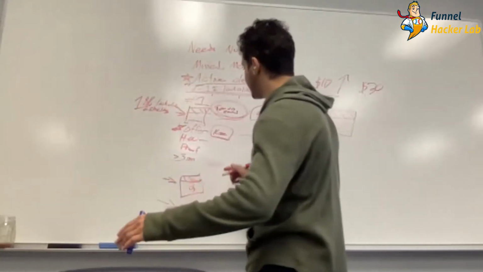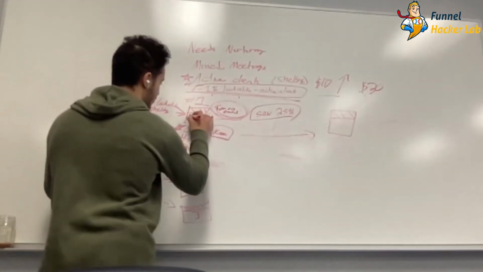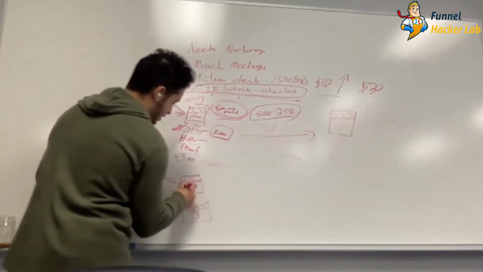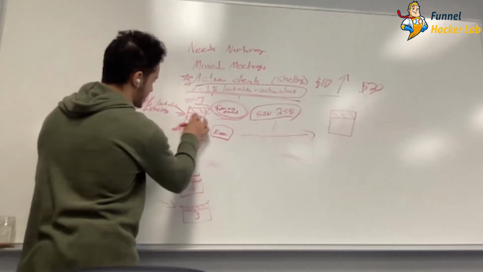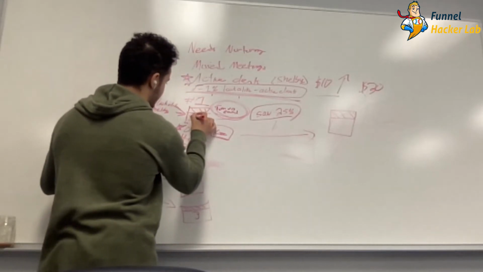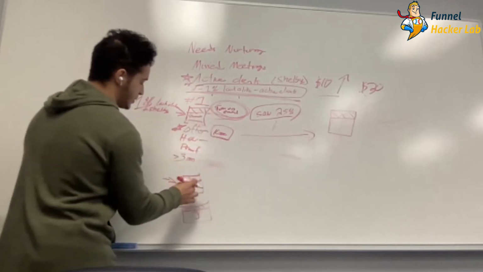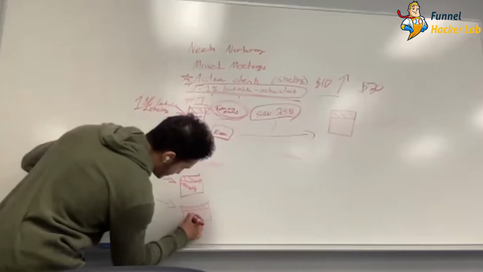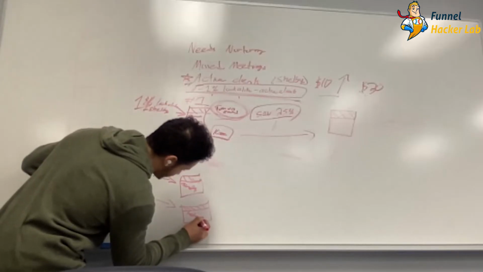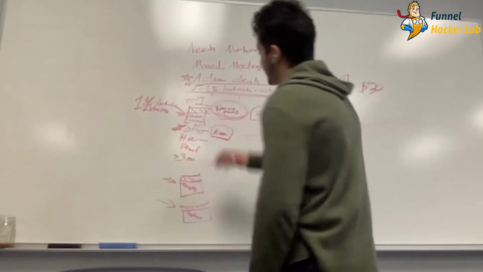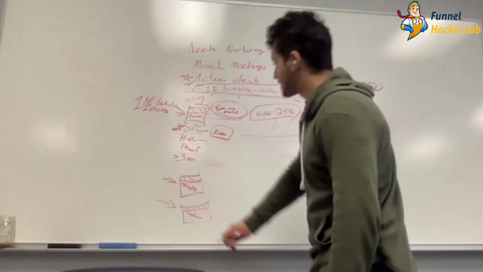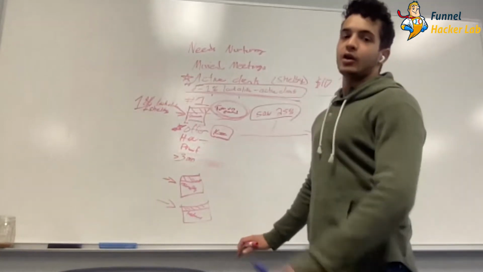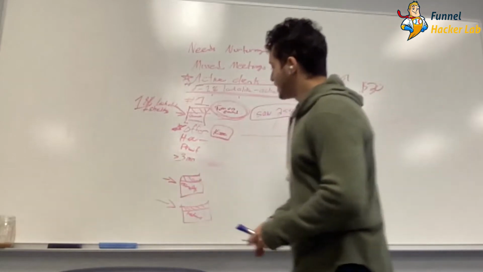Like we said, the first one was guarantee, another was benefits, and another was testimonial. So guarantee, benefits, and testimonial, and you're going to see what offer works the best.